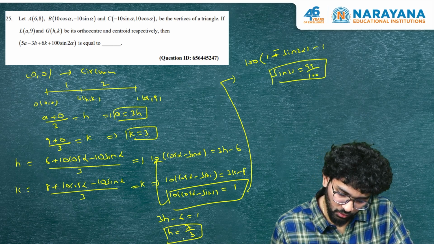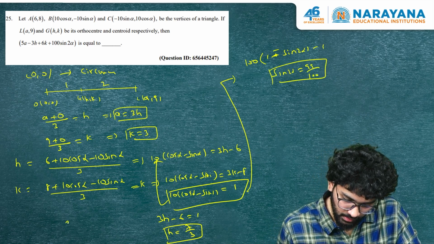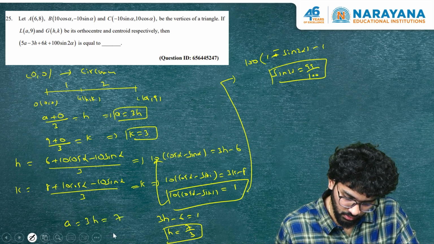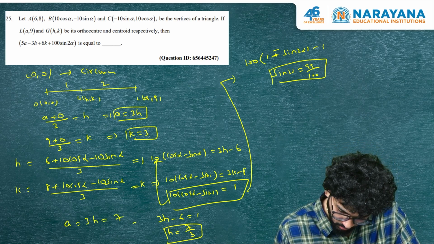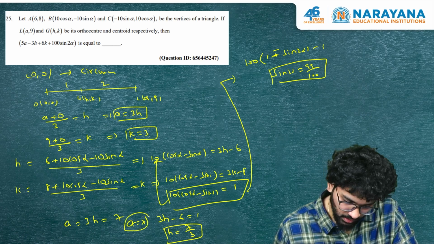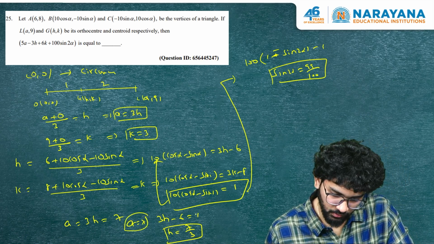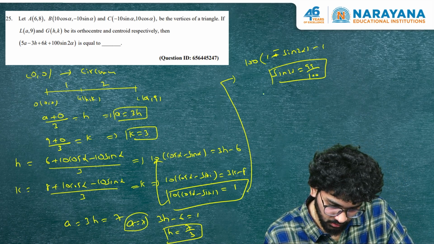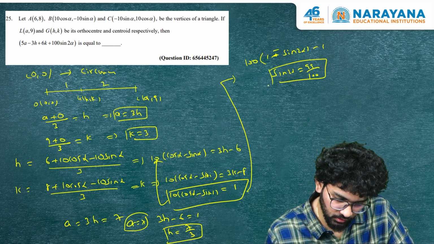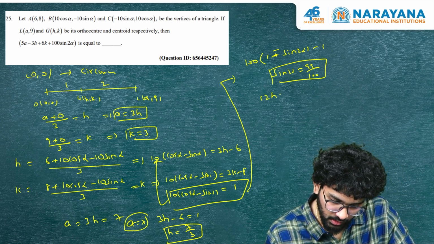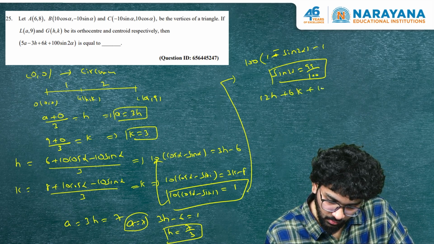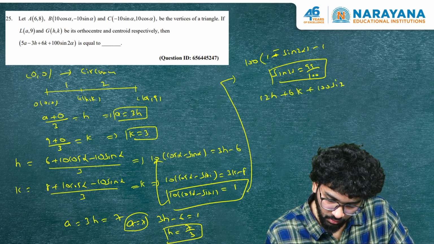So we got the value of H, we got the value of K, and A is equal to 3H, which means A is equal to 7. So A is 7, H is 7/3, and K is 3. It's asking for 5A - 3H plus 6K plus 100 sin 2 alpha. If I substitute A equal to 3H, it is 15H - 3H, 12H, plus 6K plus 100 sin 2 alpha.